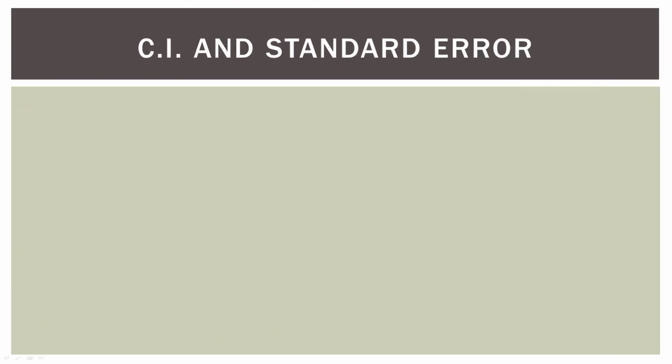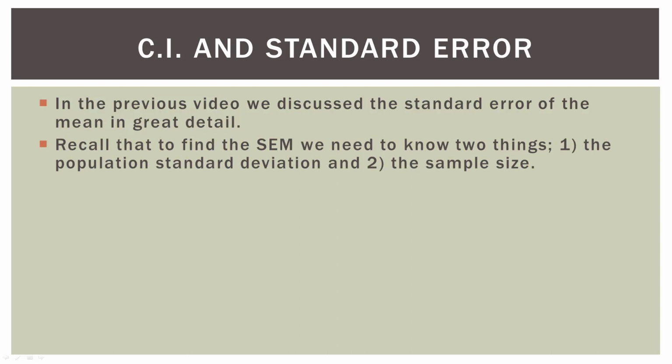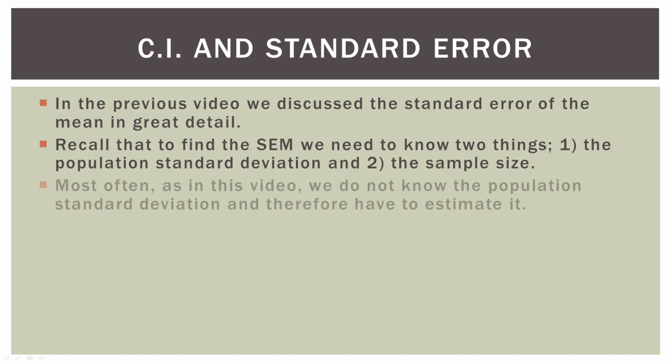So what about confidence intervals and standard error? Now, in the previous videos, we discussed the standard error of the mean in great detail. So recall that to find the standard error of the mean, we need to know two things: 1, the population standard deviation, and 2, the sample size. So we have to know those two things.